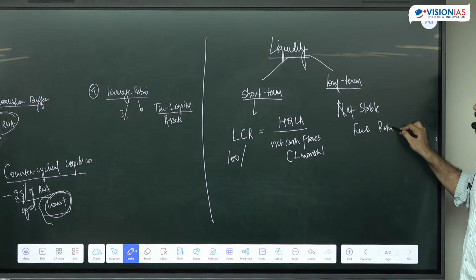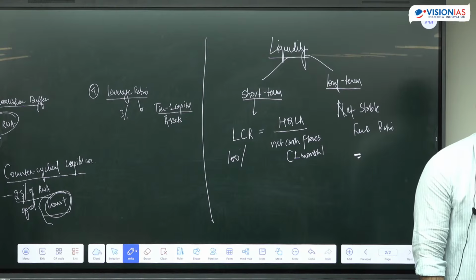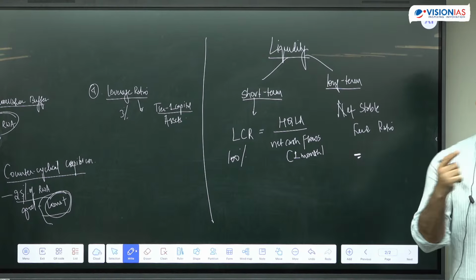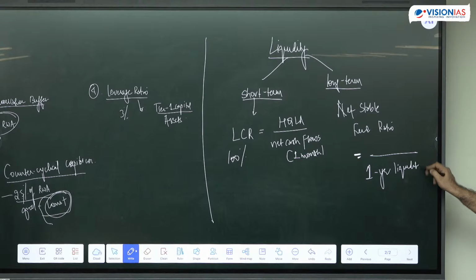ratio. That means for 1 year, estimate how many loans you require. Estimate 1 year liquidity requirement. How much money do you require? For that 1 year liquidity requirement, you should have sources available.